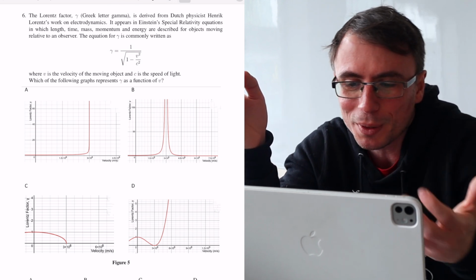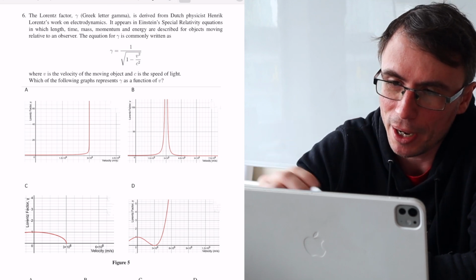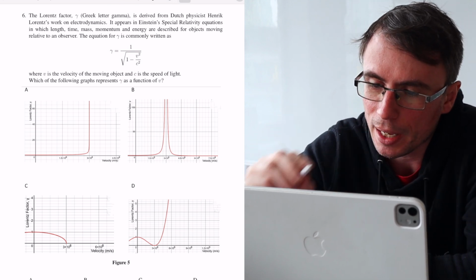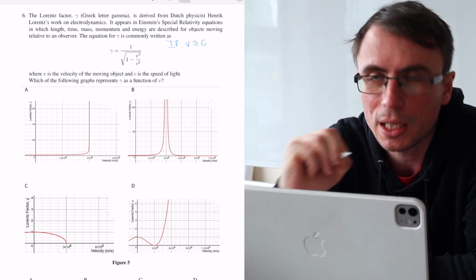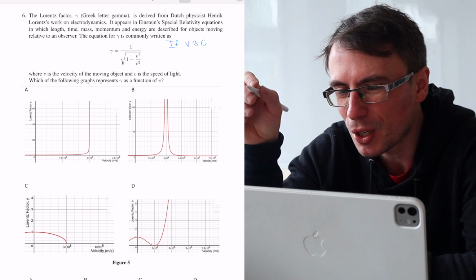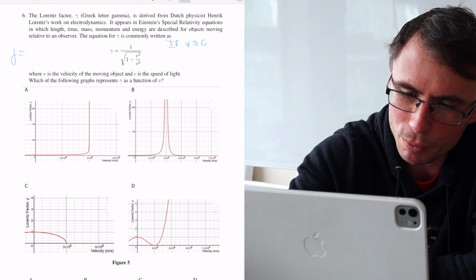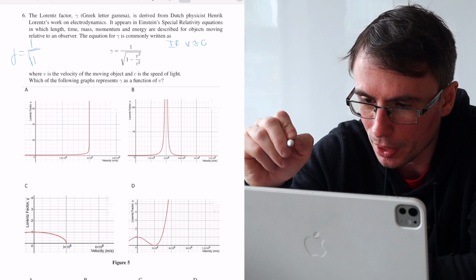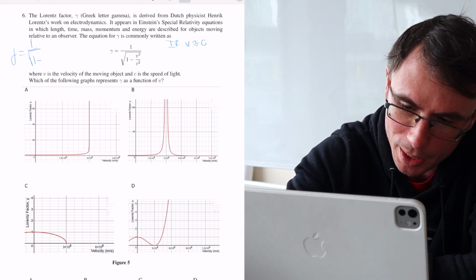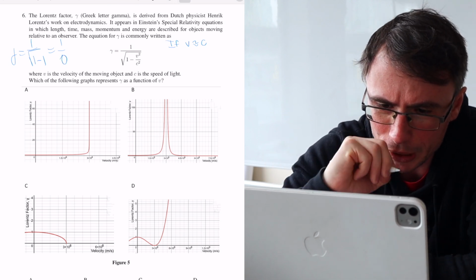But how do we decide what this thing looks like? Well, it's really important to look at limiting behavior. So we know that if the speed starts approaching the speed of light c, the equation probably breaks down. We can actually see that because if that's the case, we're just going to get 1 over the square root of 1 minus v squared over c squared, which is going to turn into 1 over the square root of 0.